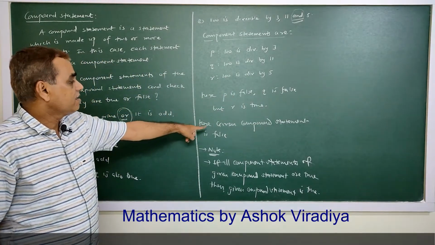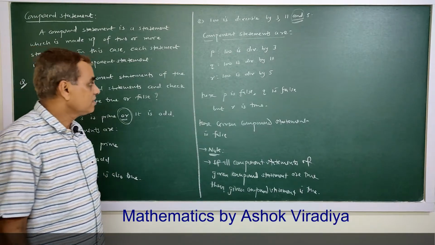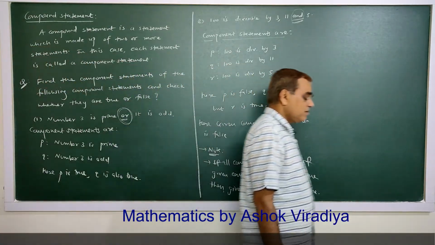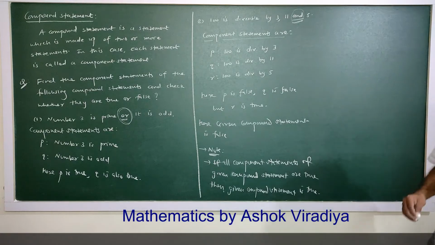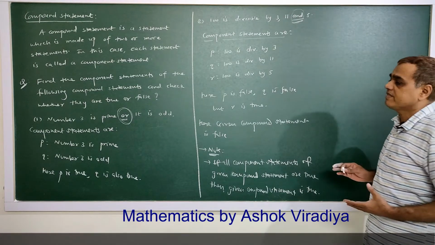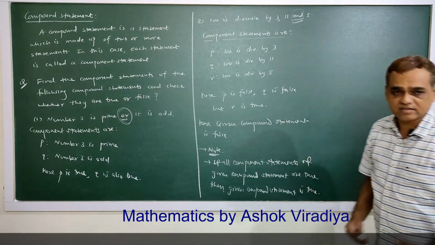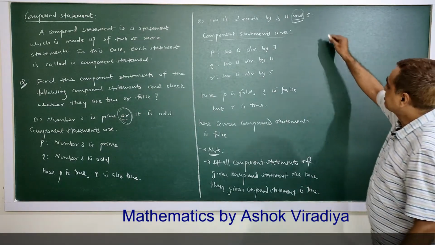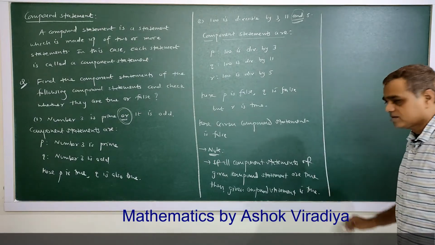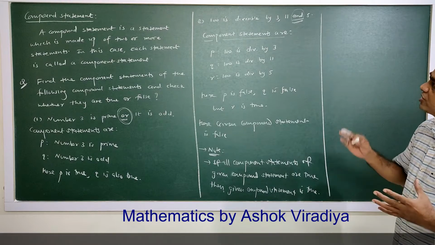So here the compound statement is false. This was about the truthness of a compound statement when it is connected by the word AND. So we can prepare a truth table for the compound statements in which AND is used.